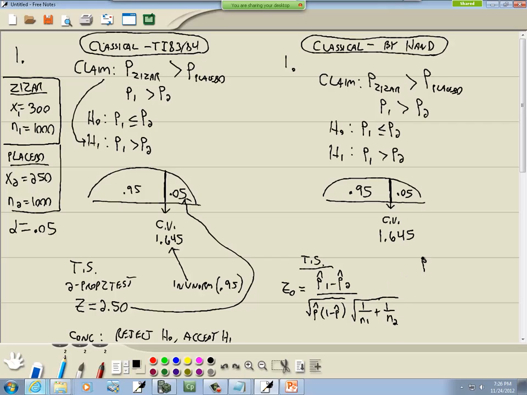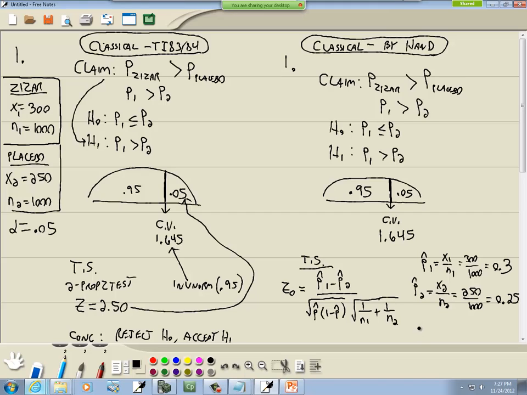Now, P hat sub 1 is equal to X1 over N1, which is equal to 300 over 1,000, which gives us 0.3. Our P hat sub 2 is equal to X2 over N2, which is 250 over 1,000, which is 0.25.